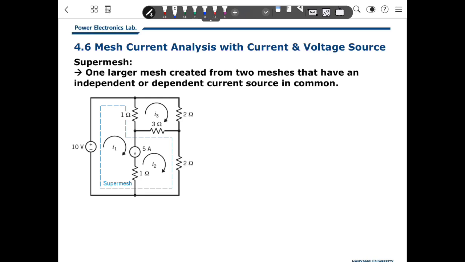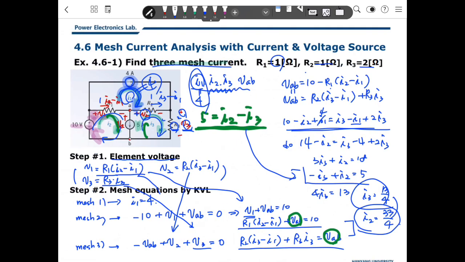But in the case of mesh current analysis, as you see here, even though they have a current source, they don't use the super mesh. In the case of mesh current analysis, without the super mesh, you can make mesh equations and solve the variables.